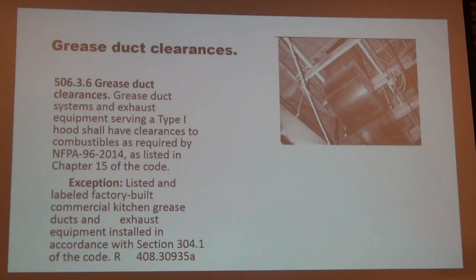Duct clearances, and if you reference NFPA 96, can someone tell me, raise your hand, don't blurt it out, what does NFPA 96 say for the duct clearances from combustible materials? How many inches? 18.